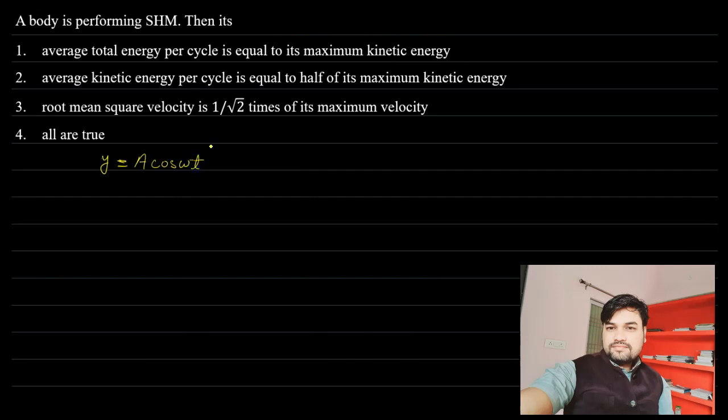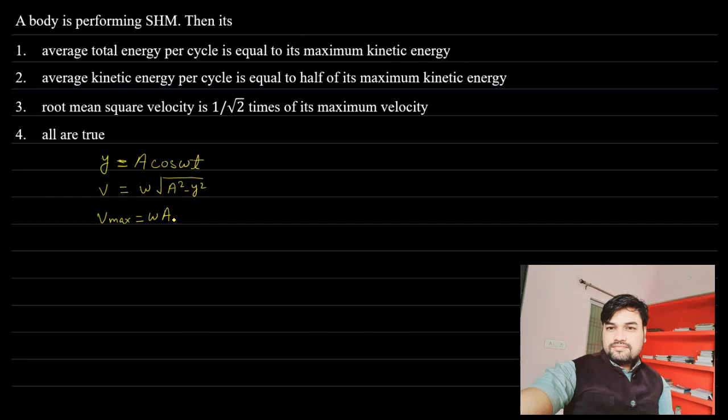This is the displacement from mean position, and a is the amplitude of oscillation. The velocity of a particle doing SHM is omega square root of a square minus y square. Maximum velocity is Vmax, given when y becomes 0. So maximum velocity is omega a.